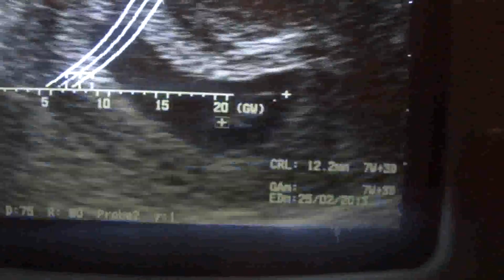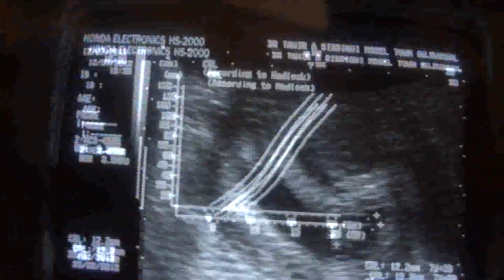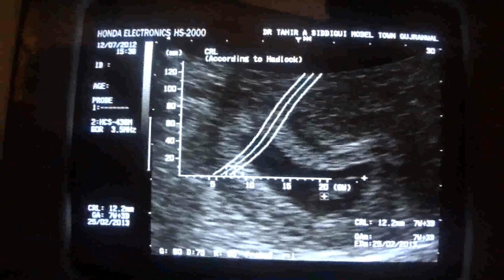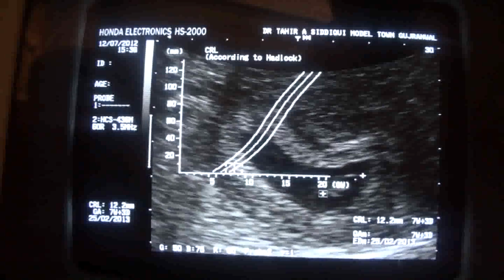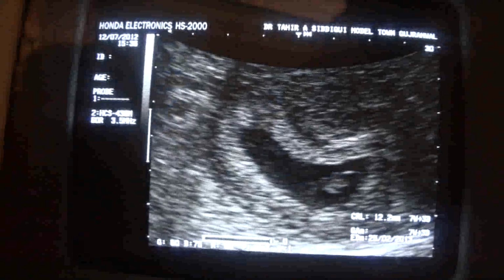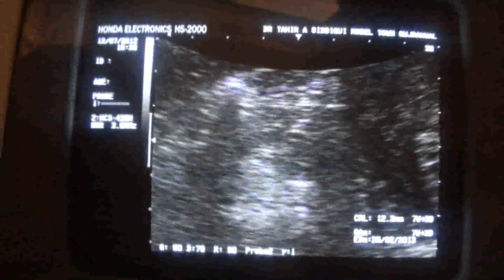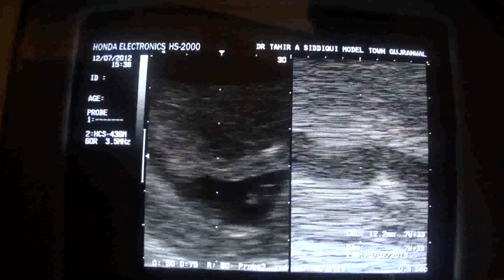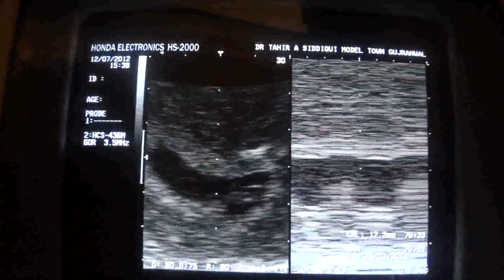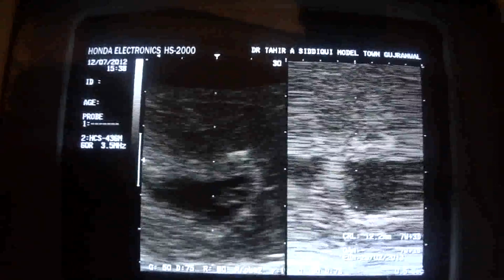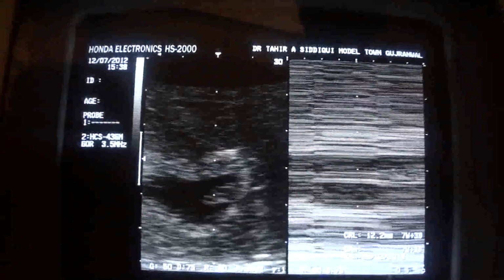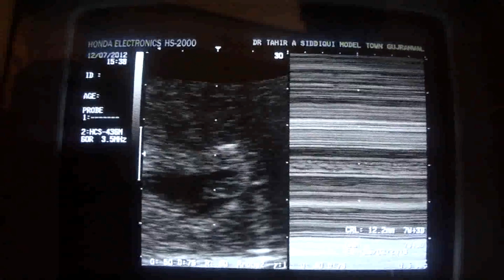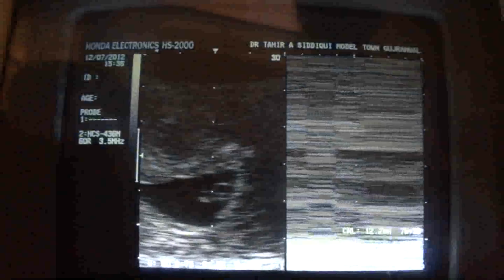Usually cardiac flicker appears at 7 weeks 5 days. So this is a viable pregnancy. We can also see it in this section by M mode to confirm.